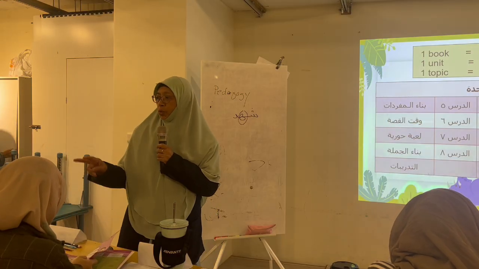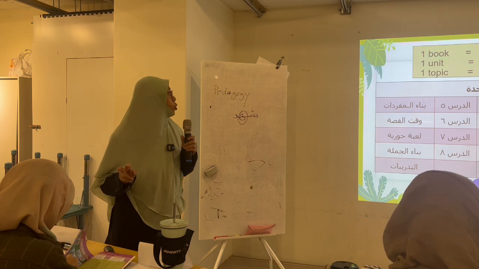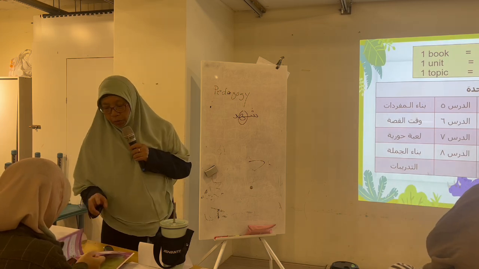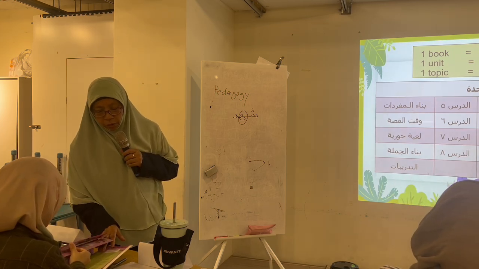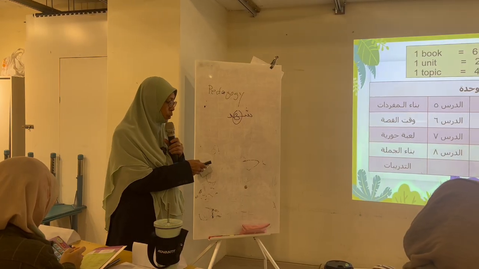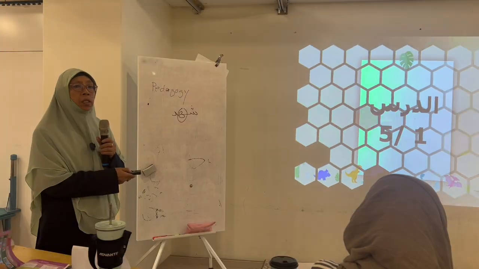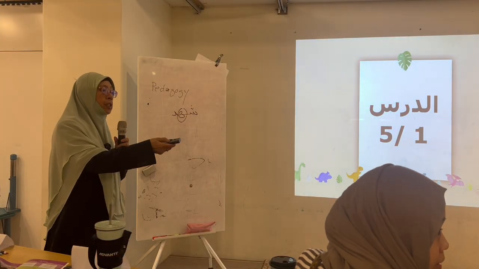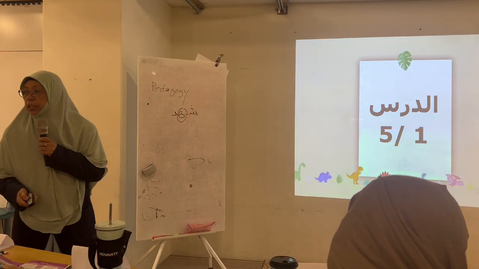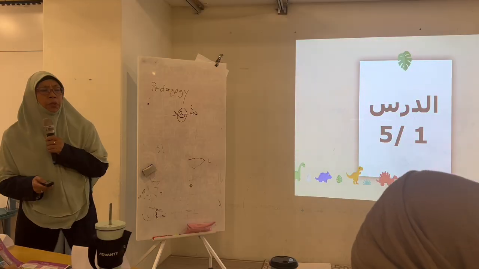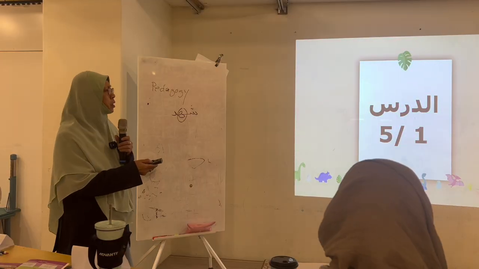Okay, so 2 topics in 1 unit. Okay, 2 topics in 1 unit. So there's the front part. So it always starts with, you don't have a book to see. That's activity books. It's different, yeah. Activity books are different from the textbooks.